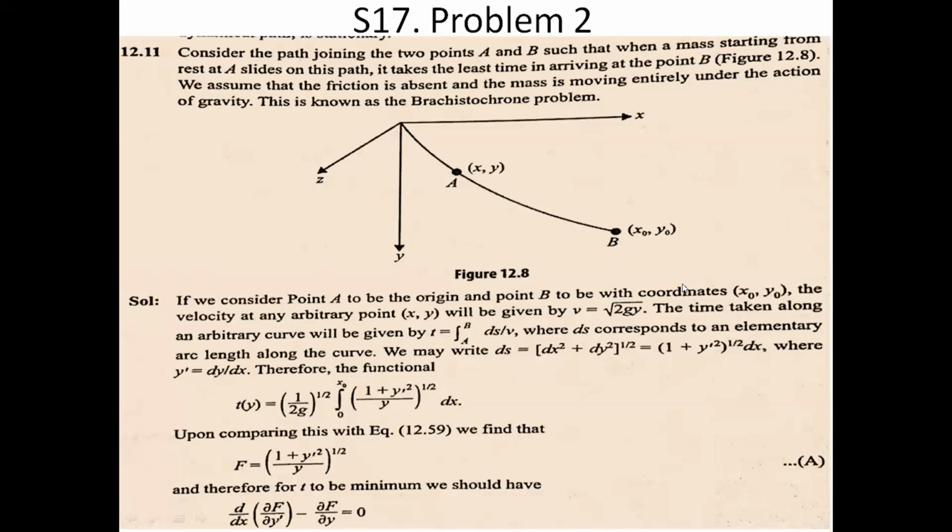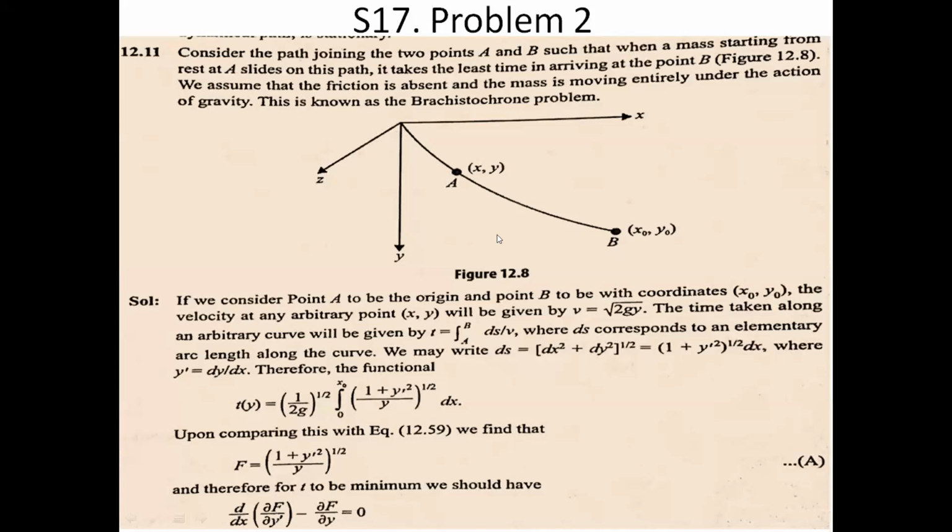Now ds square in a two-dimensional plane will be dx square plus dy square. Therefore ds will be the square root of dx square plus dy square, and if I take dx common and denote dy/dx by y prime, then I can write ds as the square root of 1 plus y prime square, times dx.